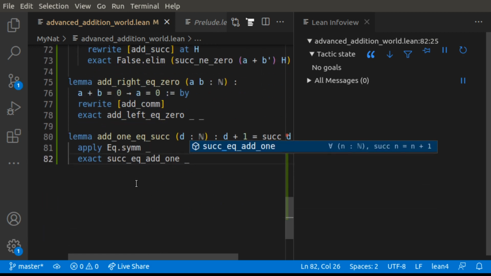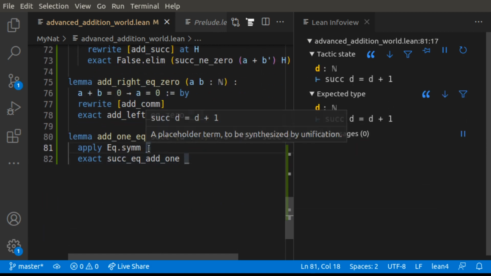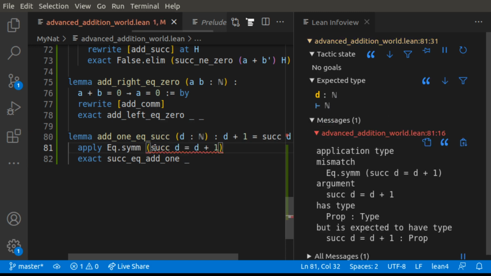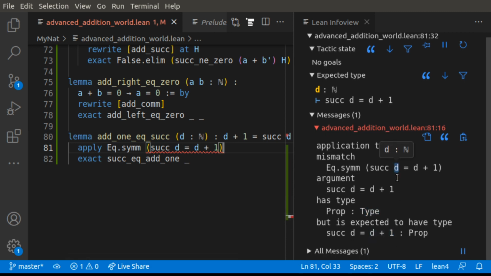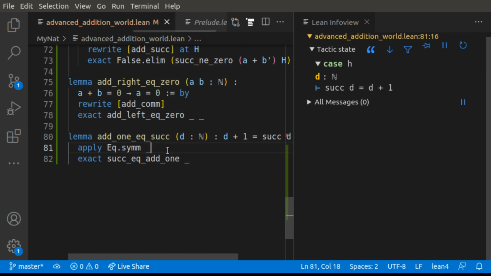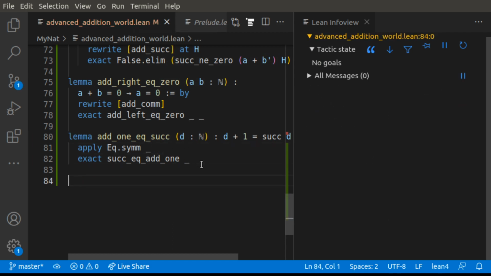Beautiful. So here we're able to have this synthesize unification to be this whole mess. So I think I can also just copy this in, right? No. Okay, I don't know what it takes, but good thing we have unification. And that solves that proof.